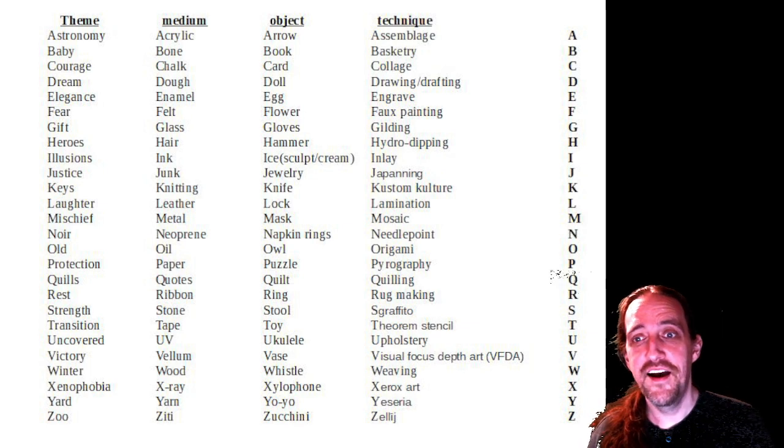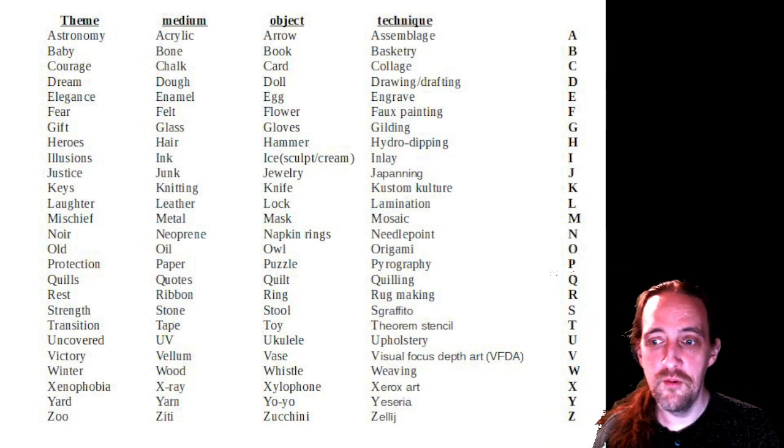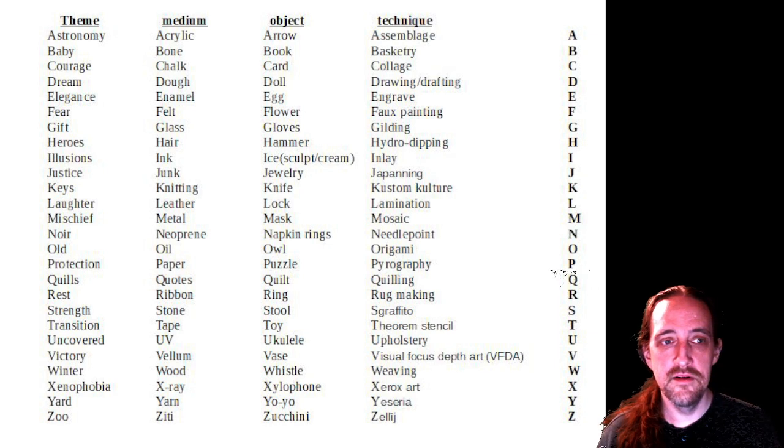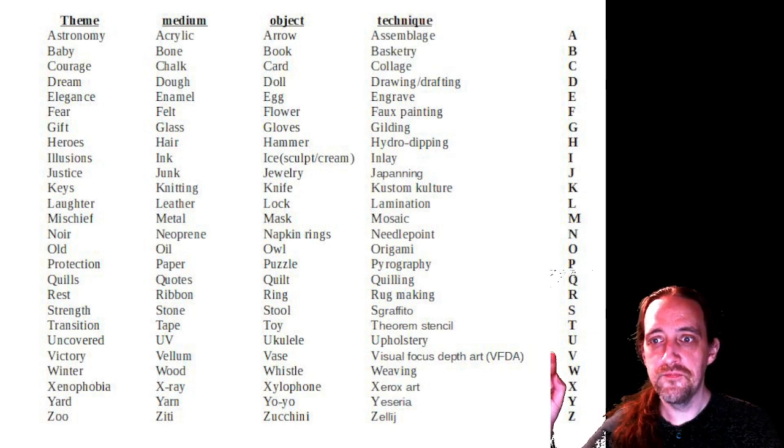But I do encourage you to explore some new things, like some of these: Zillage, Yeseria, Xerox art, visual focus depth. I can go into discussions of more about what those are, but you can look most of that up. Scriptvito for S on techniques. A lot of the techniques ones were very unique.